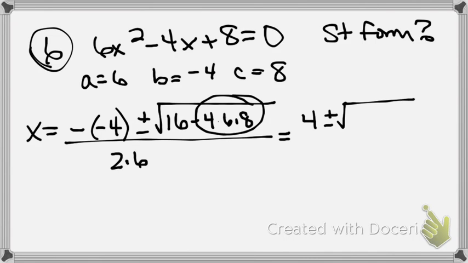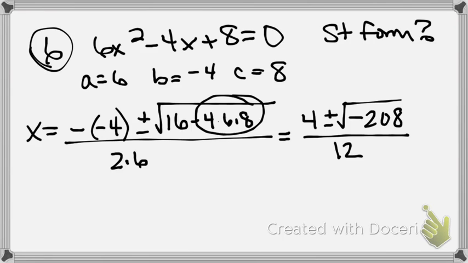You're just plugging them in. 24 times 8 is 192, so negative 192. Do the 16 minus that, Wyatt. Negative 208. All that's over 12.